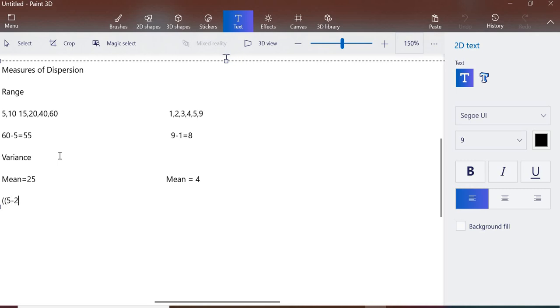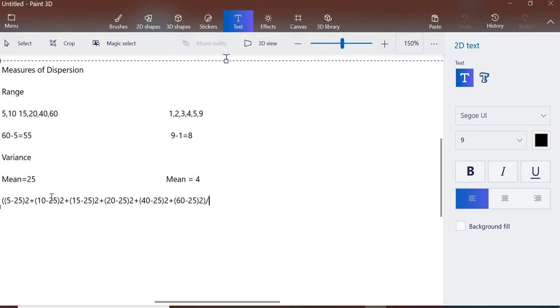So (5 minus 25) squared, just imagine that this 2 is the representation of square, plus (10 minus 25) squared, plus (15 minus 25) squared, plus (20 minus 25) squared, plus (40 minus 25) squared, plus (60 minus 25) squared, and then we find out the average of it.